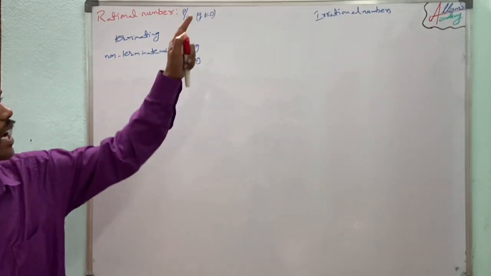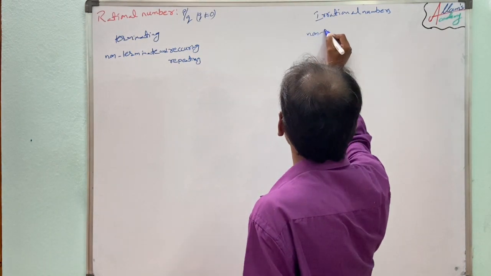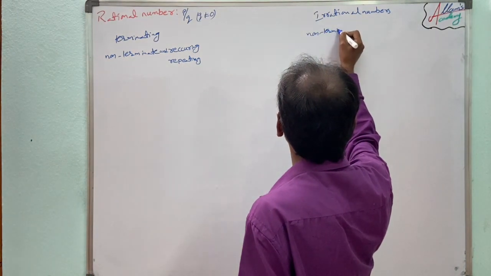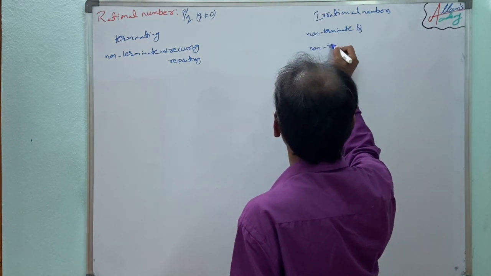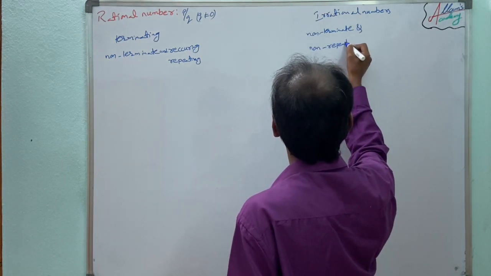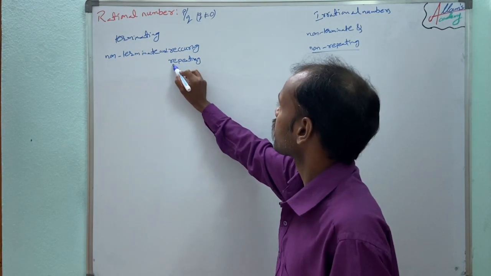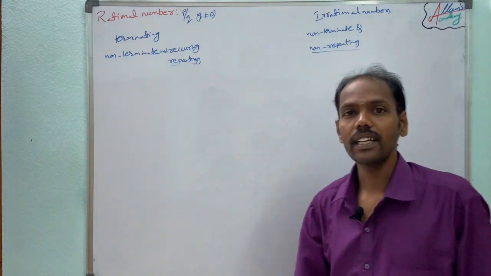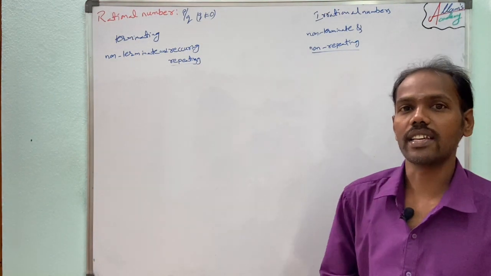In an irrational number, if we observe, the decimal will be non-terminating and non-repeating. So here it is non-repeating, but there it is repeating decimal. So that is the difference between rational and irrational.